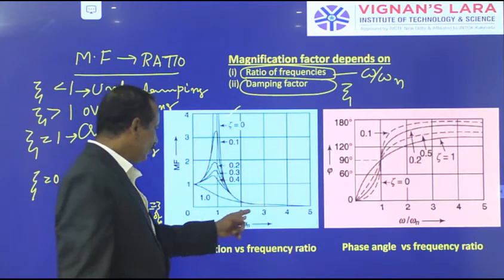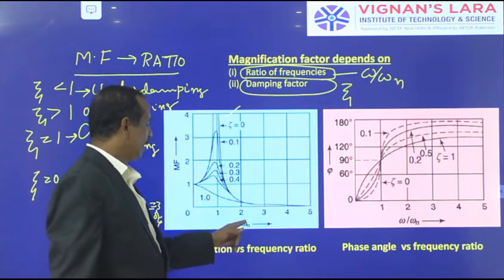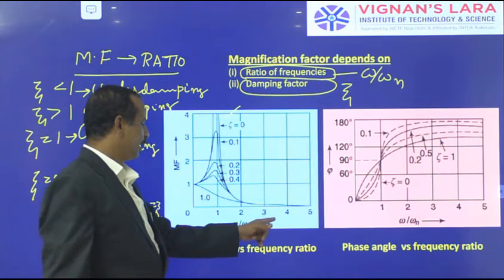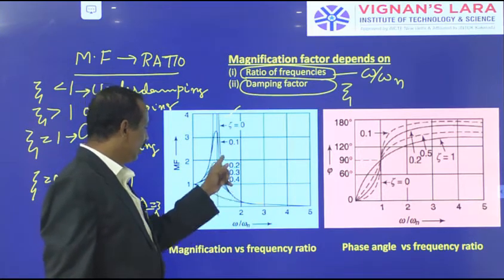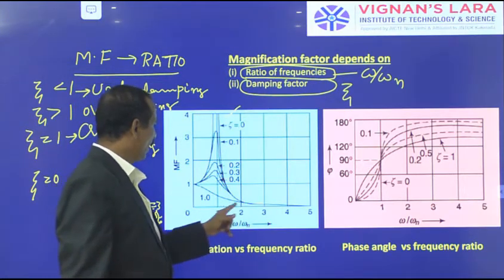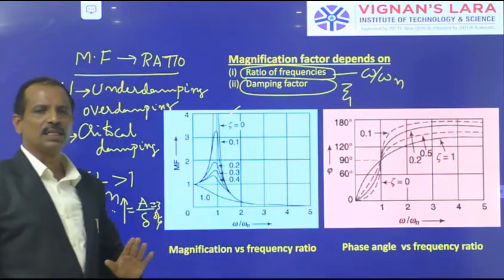And as you proceed to more and more values of omega by omega n, even for zeta of 0, the magnification factor will be less than 1.